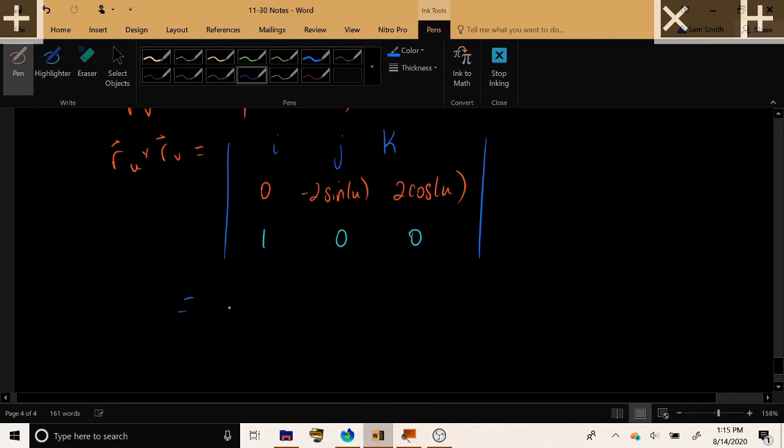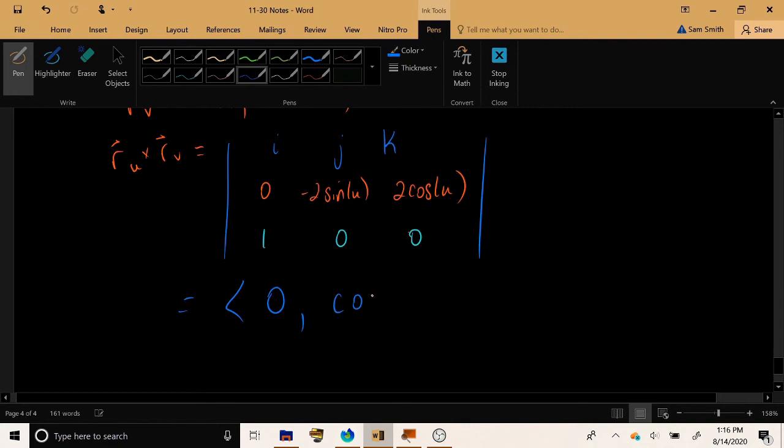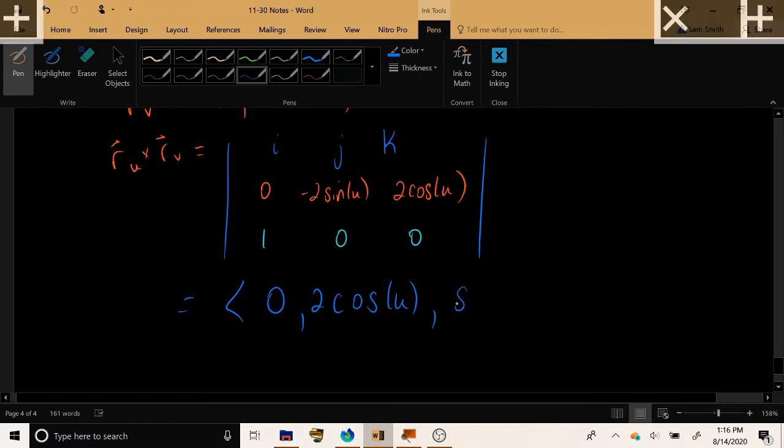And we have negative 2 sine u times 0 minus 2 sine u times 0, result 0. In the j component, we have 0 times 0 minus 1 times 2 cos u. Make it negative, we get positive 2 cos u. And in the k component, we have 0 minus negative 2 sine u, so positive 2 sine u.